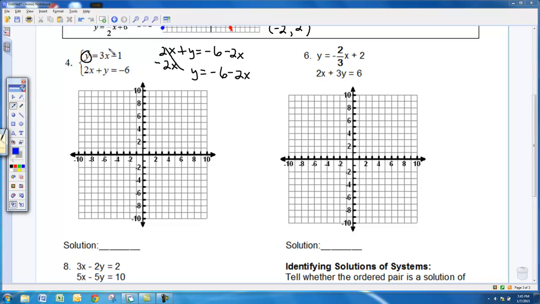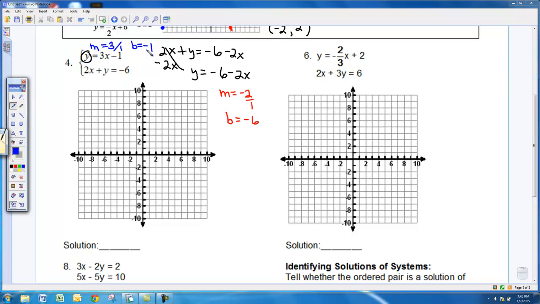So the slope of our first line is 3 over 1. Our y-intercept is -1. The slope of our second line is -2 over 1. And our y-intercept is -6.